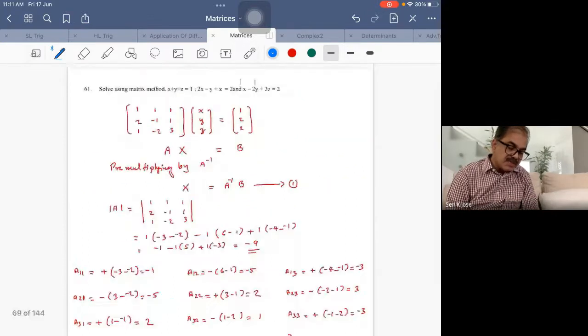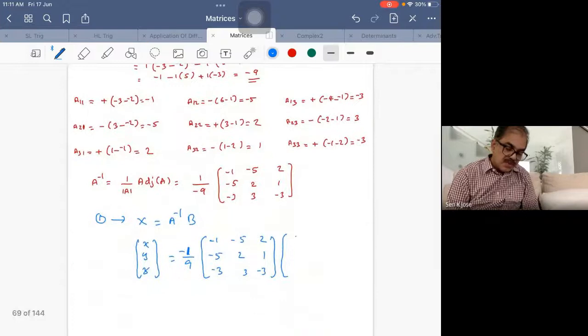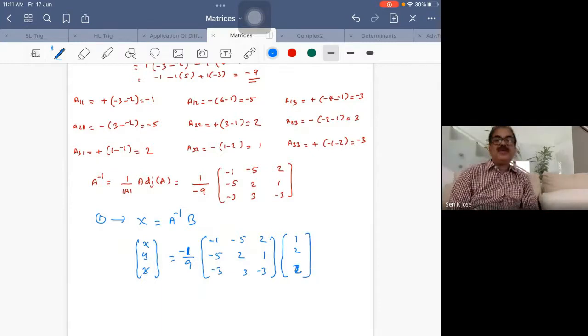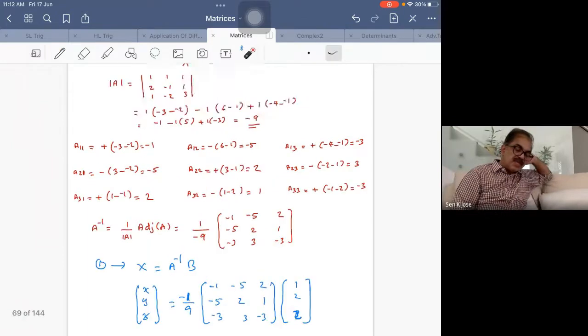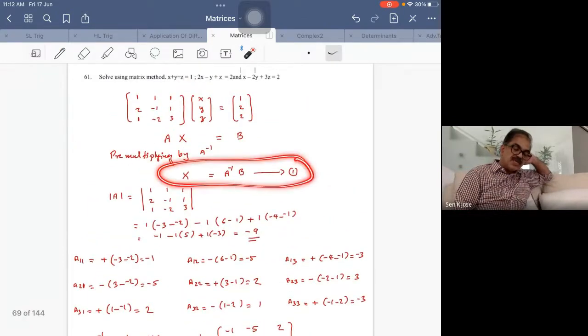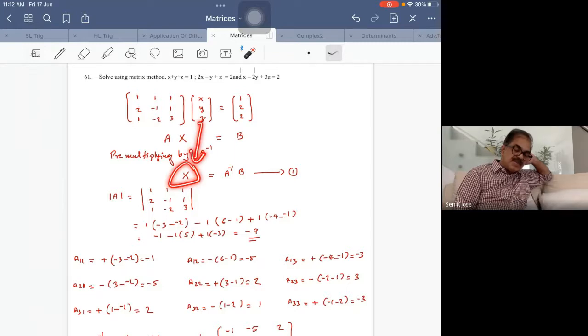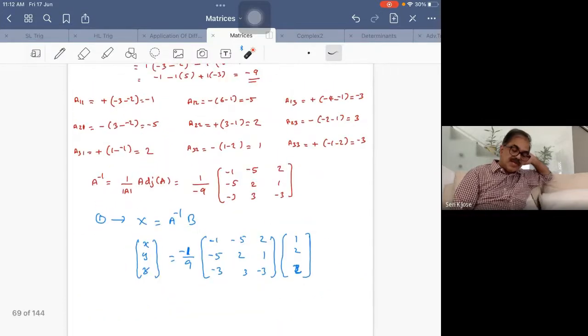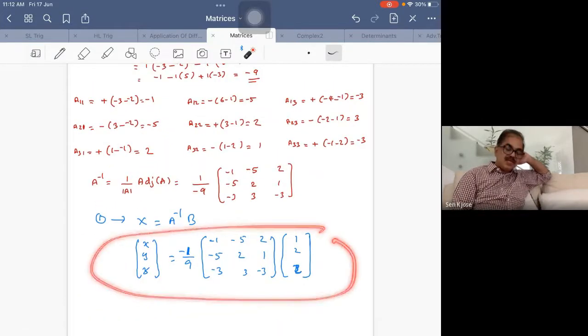Go back and see what is B. 1, 2, 2. Do you understand this step, what I am doing? I copied my equation number 1, which is X is equal to A inverse into B, where X is x, y, z, A inverse is what I just found out, and B is 1, 2, 2. So I put all the values into that equation.